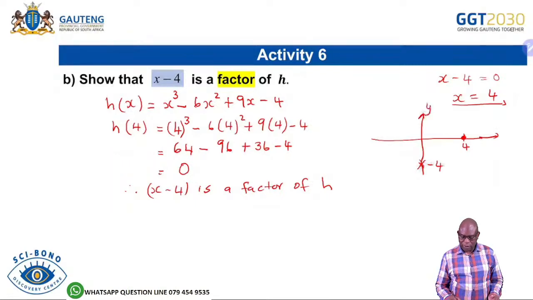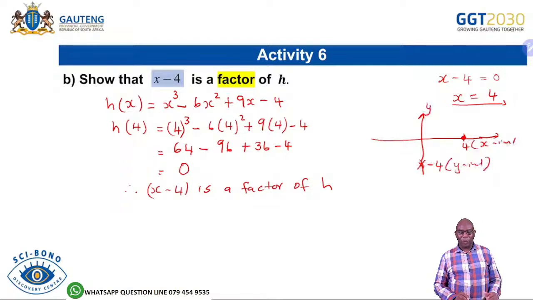This one is my y-intercept. This one here is my x-intercept. Okay, so I already know where the graph is going. I already have my points. So I'm building up and drawing my sketch.